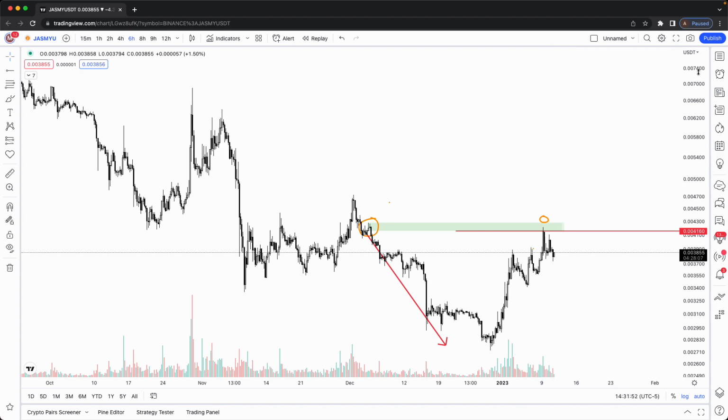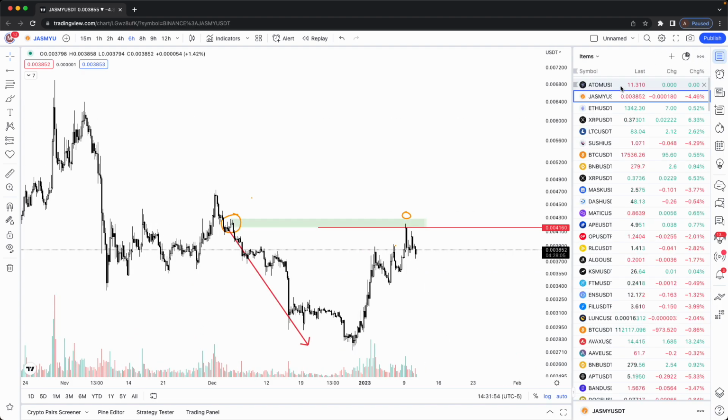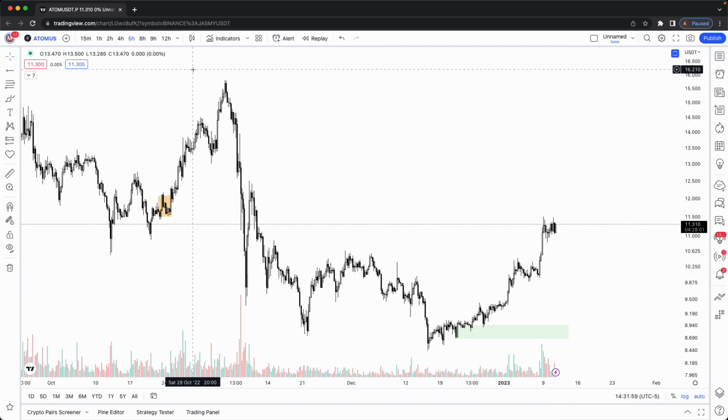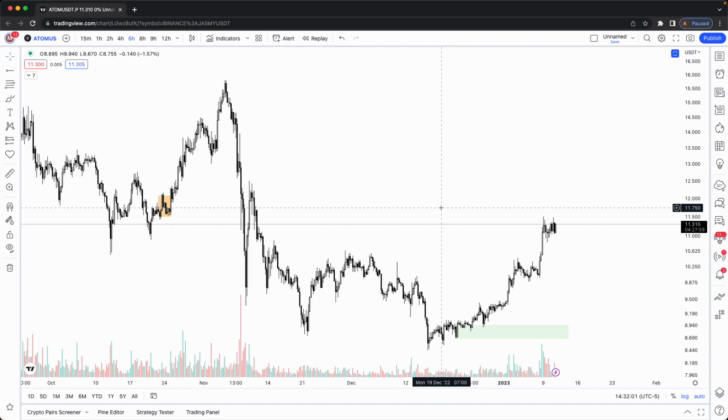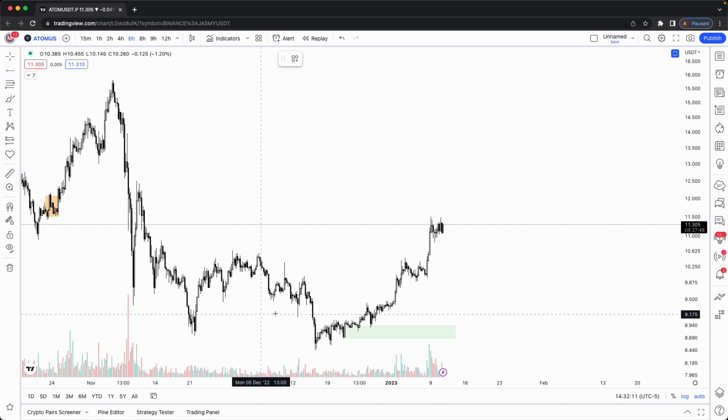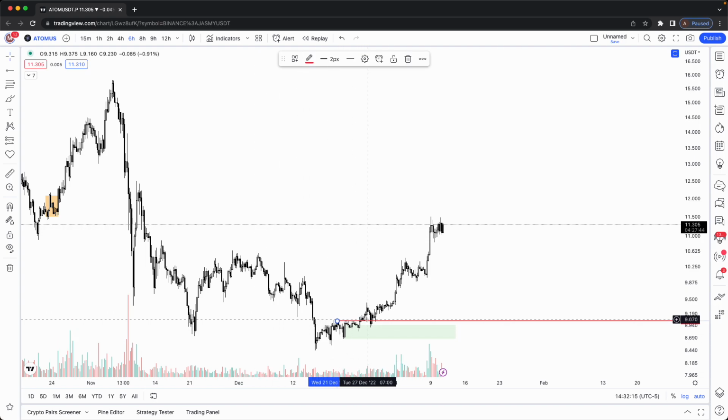Now we will take another example of an order block, which is for Atom, and this is an example of a bullish order block. So you can see that the market structure, when the price of Atom had dropped, had broken somewhere here.